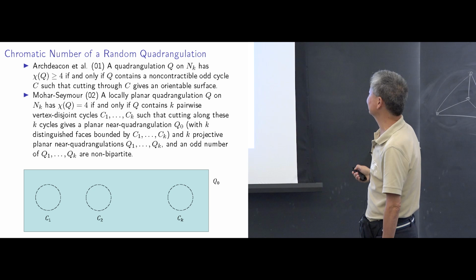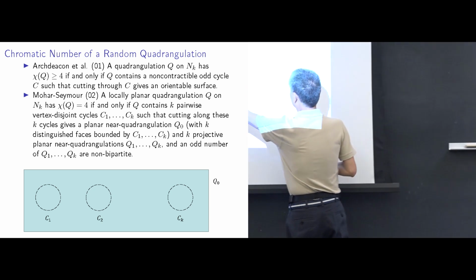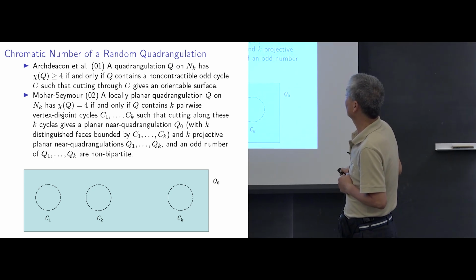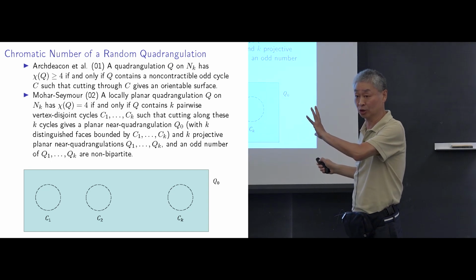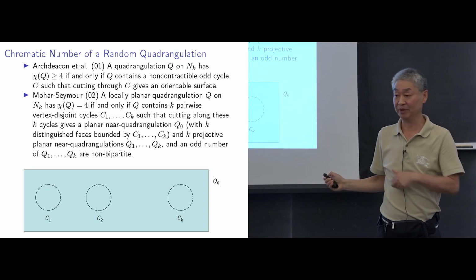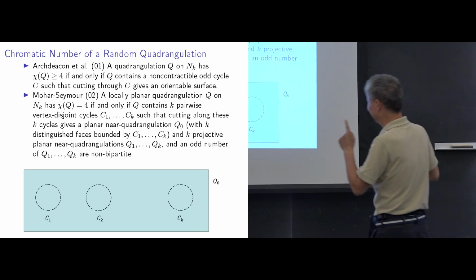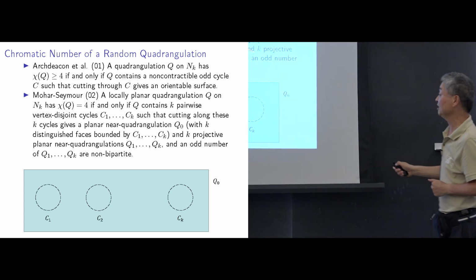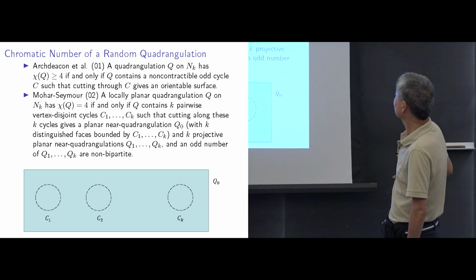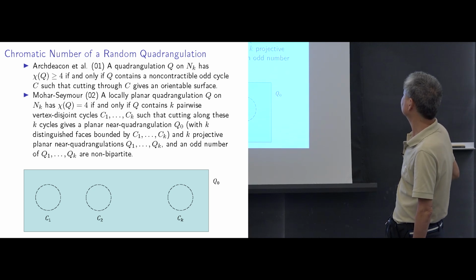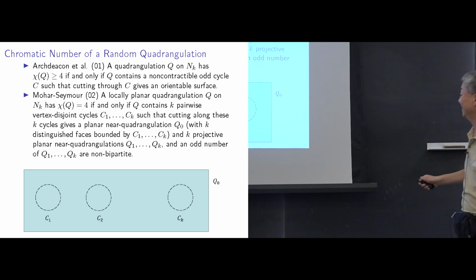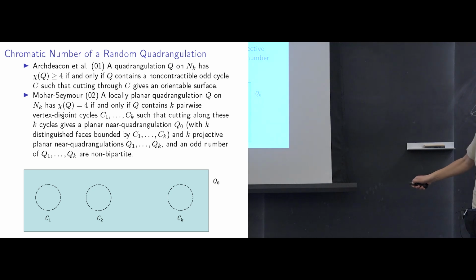And the characterization says that such a locally planar quadrangulation requires 4 colors. First of all, they are all 4 colorable, according to Mohar's theorem, because locally planar means always 4 colorable. Now, it does require 4 colors if and only if an odd number of those, we have k such things here, are all non-bipartite.